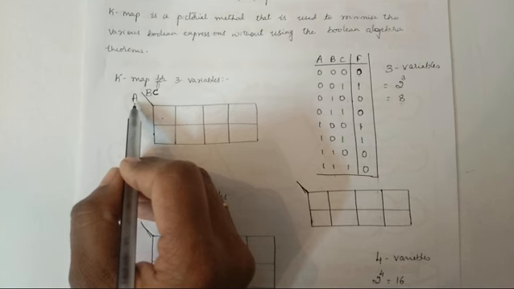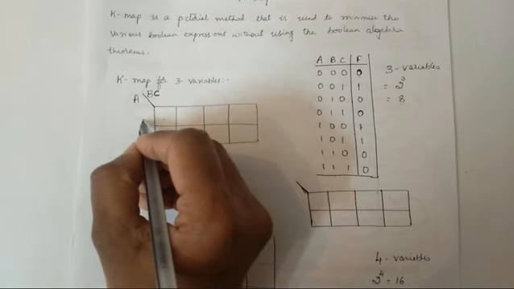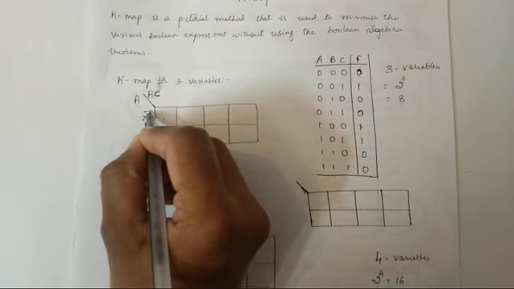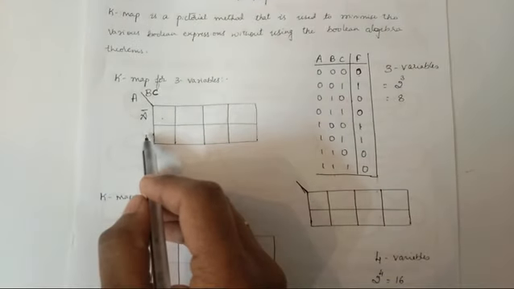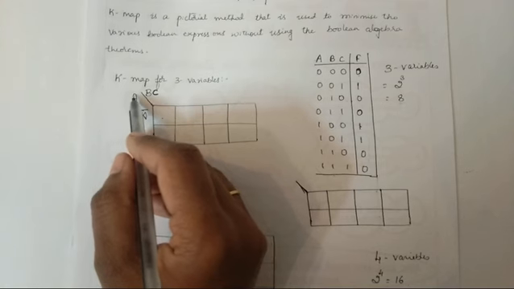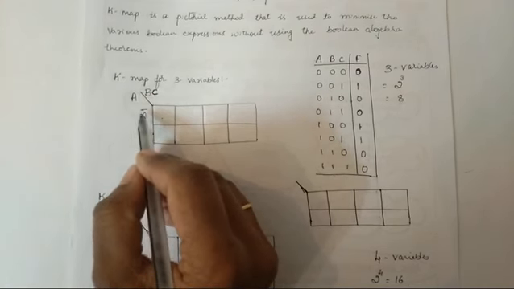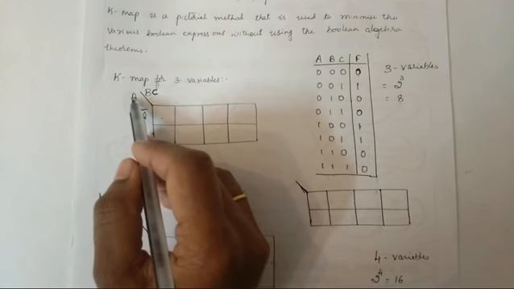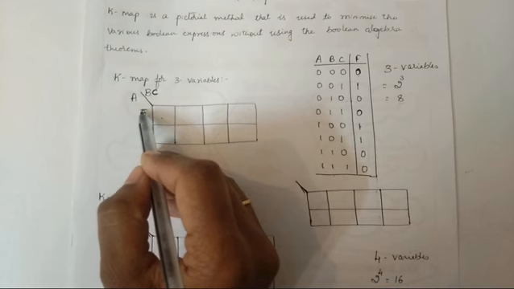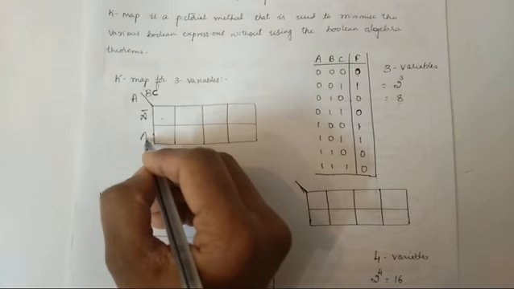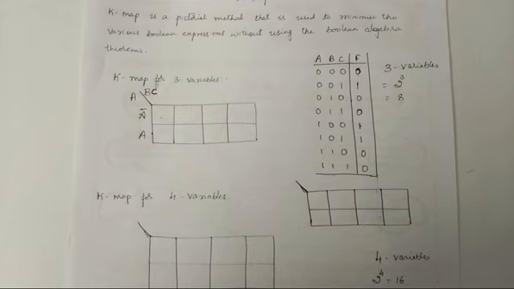What variable do we have here? A. So I'll write A bar. Next, this column represents the variable A. So it is A bar, and the next is A.